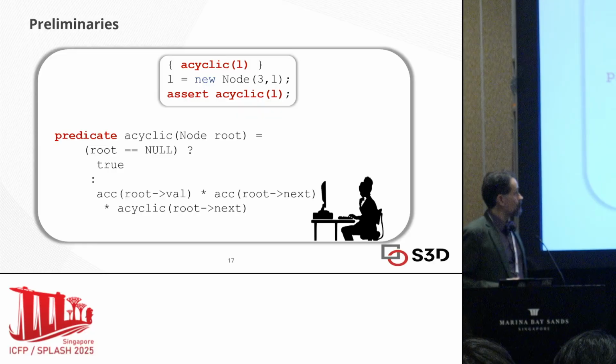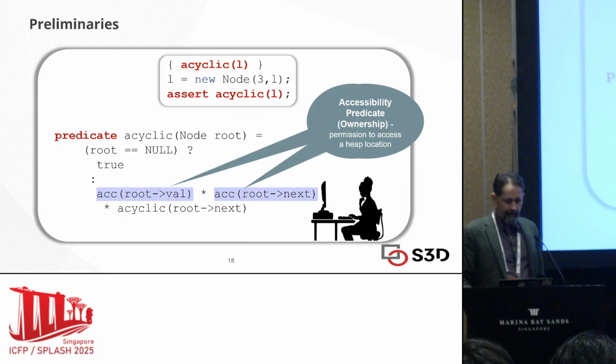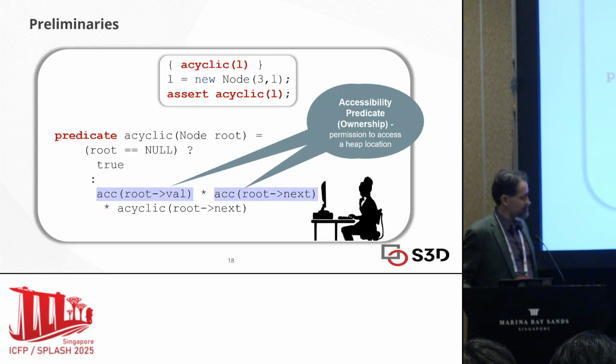Otherwise, we assert ownership of the value and next fields of the first element of the list, the root of the list, and we assert that the rest of the list, acyclic, is root arrow next, right? And so we have these accessibility predicates again, permission to access those heap locations, again, ownership, just in logical form.